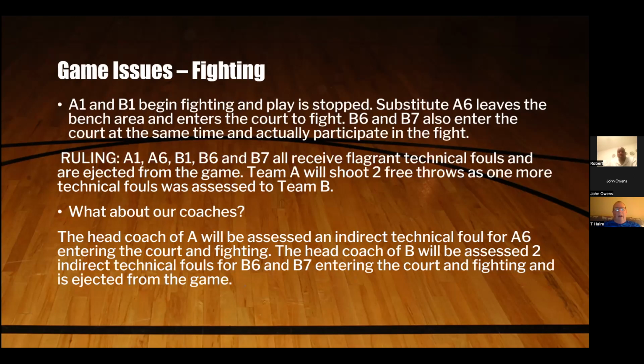Here's where you have to be careful. The coaches. The head coach of A will be assessed an indirect technical foul for A6 entering the court and fighting. The head coach of B will be assessed 2 indirect technical fouls for B6 and B7 entering the court and fighting. And he is ejected from the game in North Carolina.